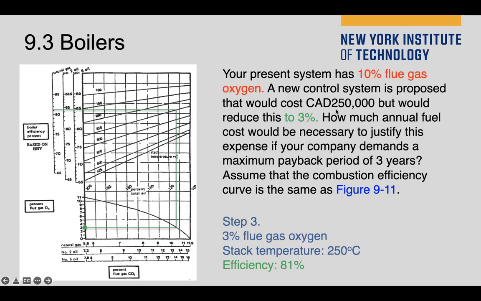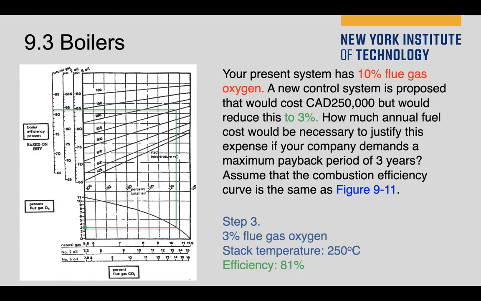The company gives us an indicator: this system we need to invest 250,000. It's quite a lot actually.